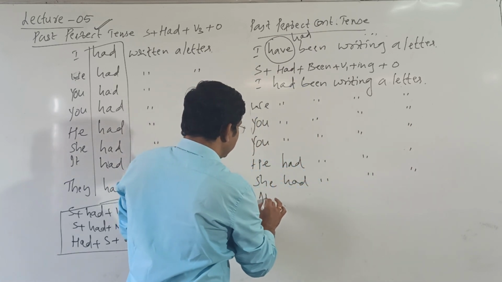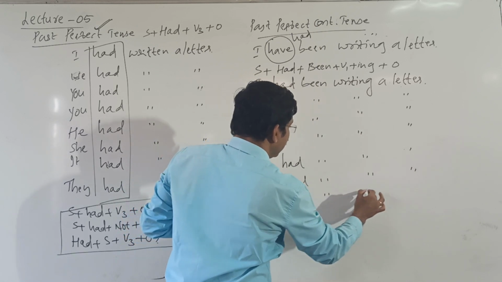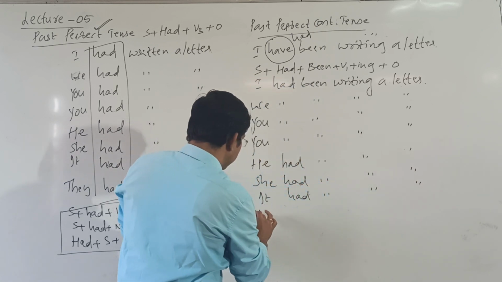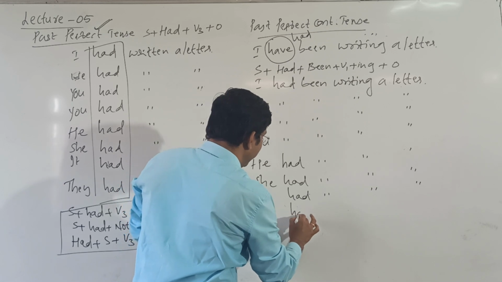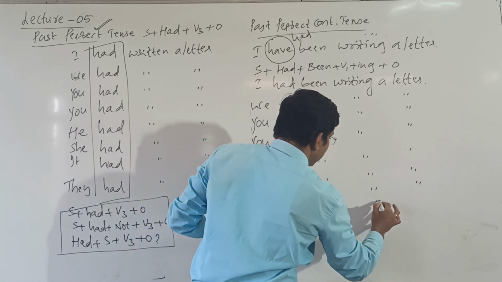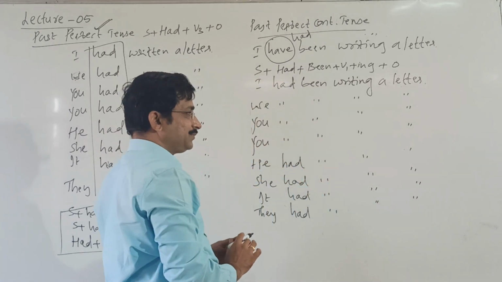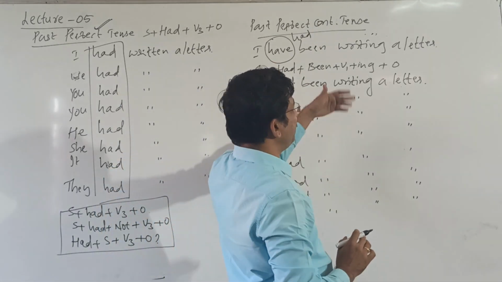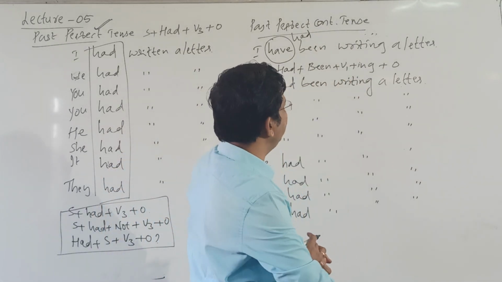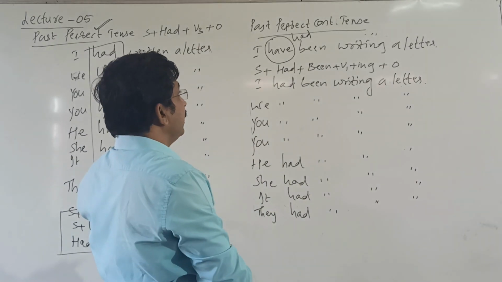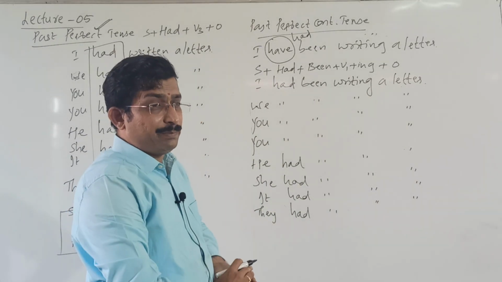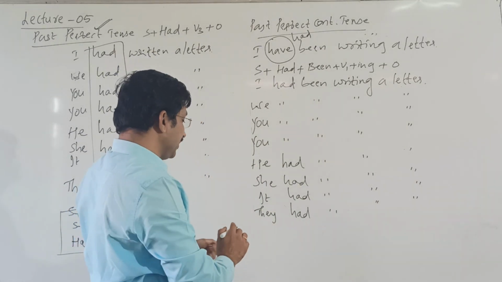It had been writing a letter. Last, they had been writing a letter. So this is the past perfect continuous tense: had been, writing, V1 plus ing. The present participle should be used.